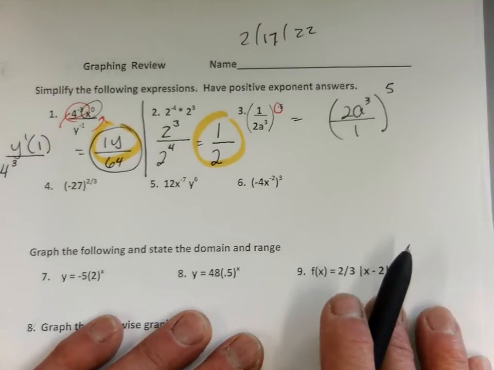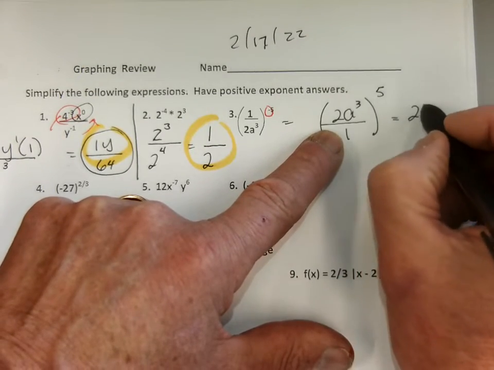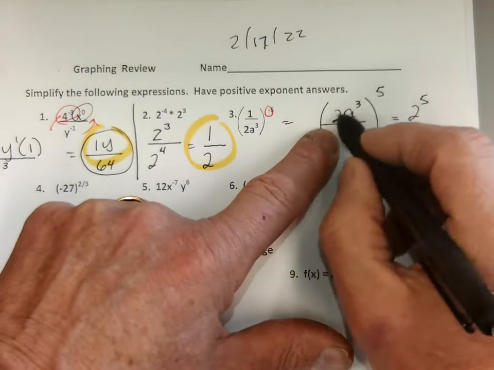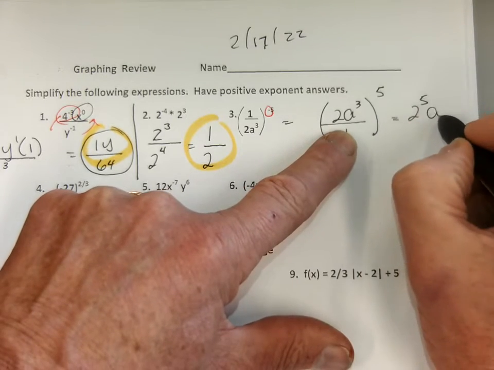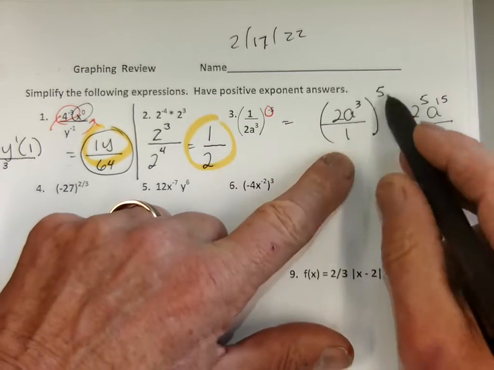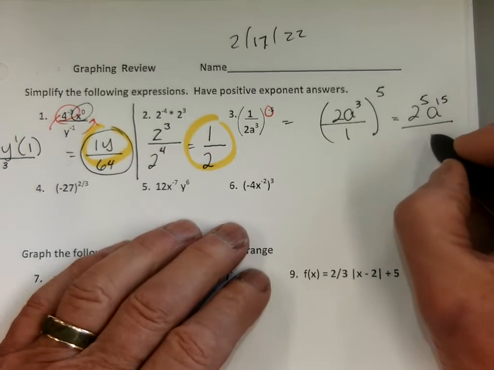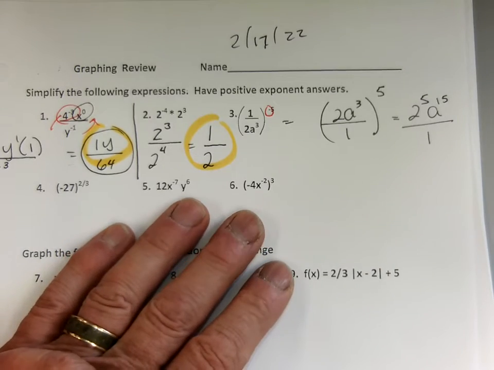Okay, so this will give me a 2 to the 5th power and a to the 15th, over, well, 1 times 1 times 1 times 1 to the 5th power is just 1. I don't really need the 1, but there it is.